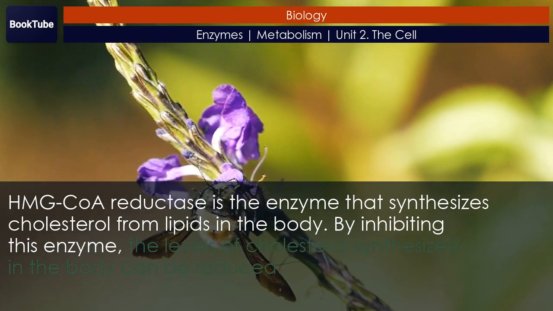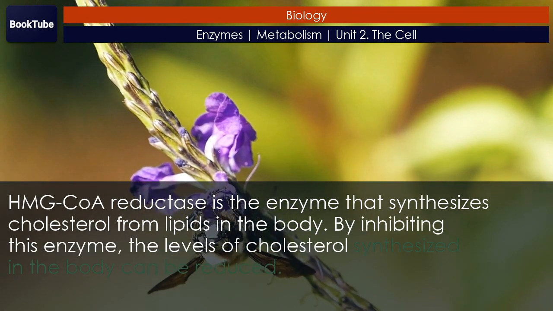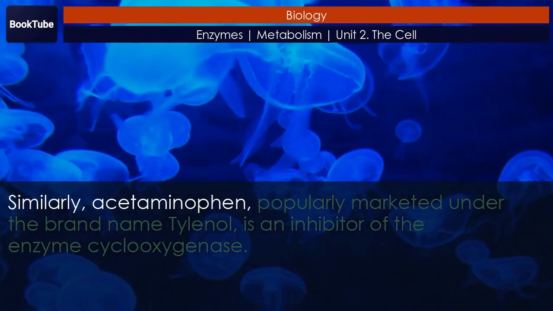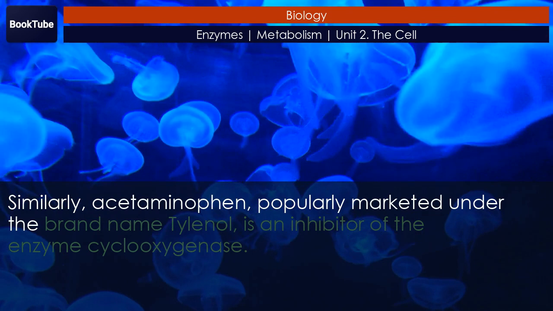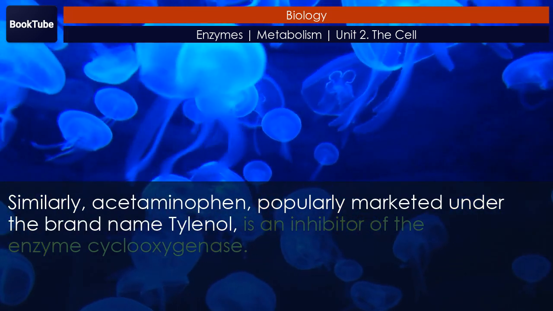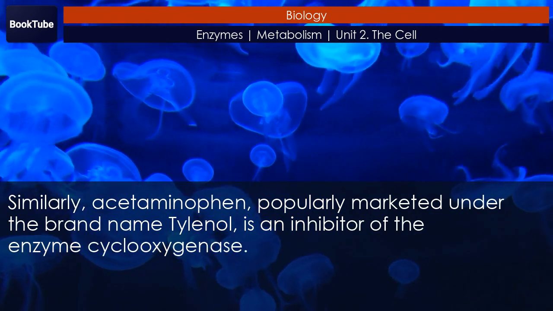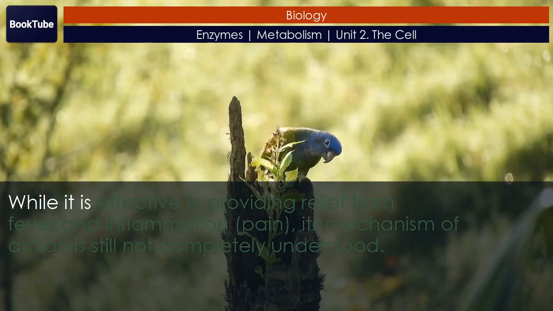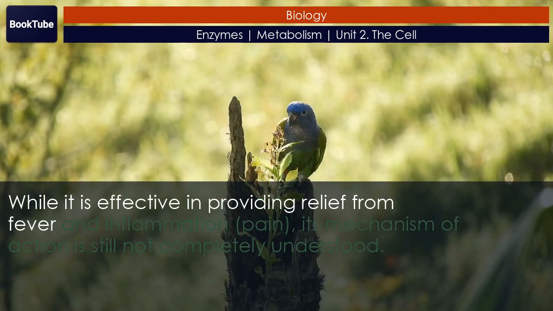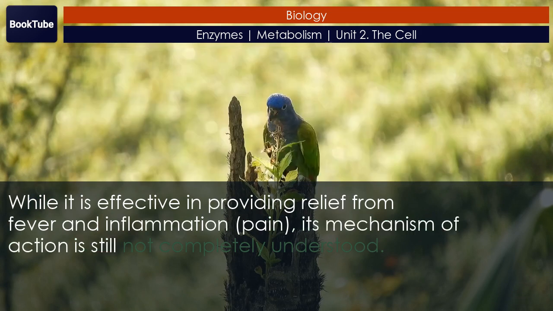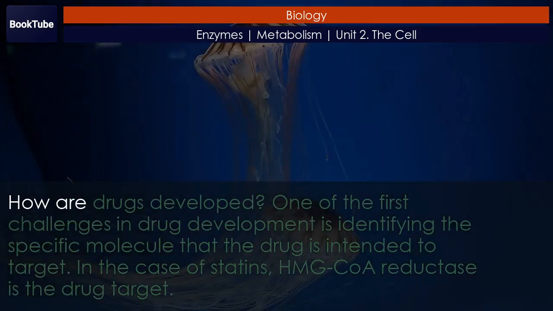By inhibiting this enzyme, the levels of cholesterol synthesized in the body can be reduced. Similarly, acetaminophen, popularly marketed under the brand name Tylenol, is an inhibitor of the enzyme cyclooxygenase. While it is effective in providing relief from fever and pain, its mechanism of action is still not completely understood.